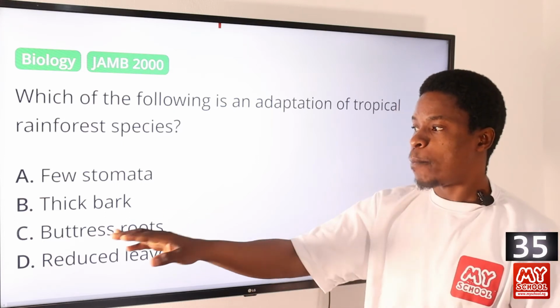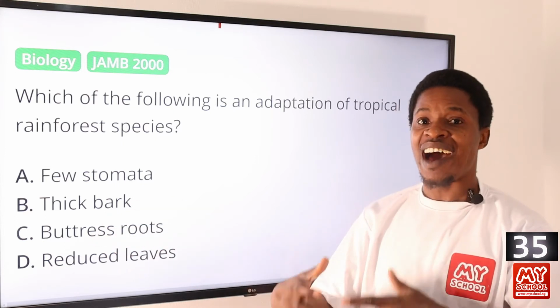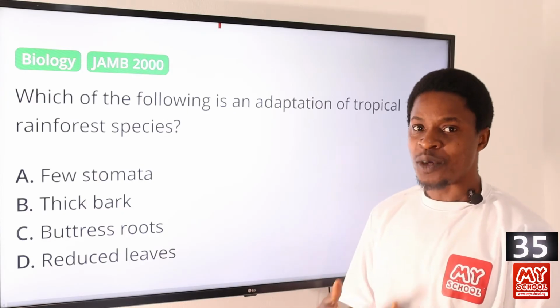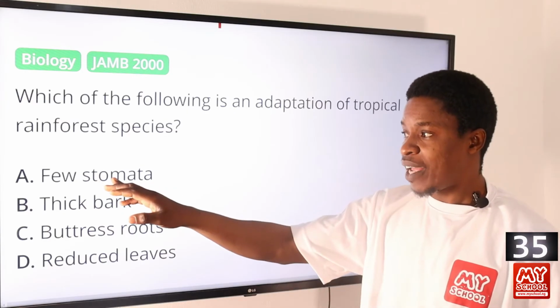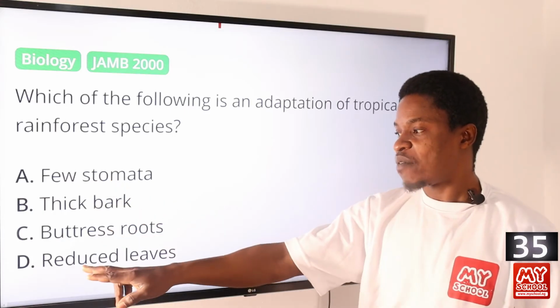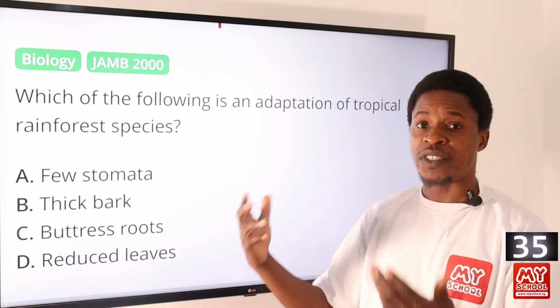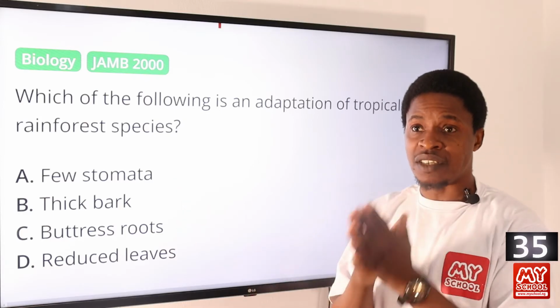So buttress roots actually are for tropical rainforest species. If we have few stomata, thick bark, and reduced leaves, these are features of plants or species that are in the desert.